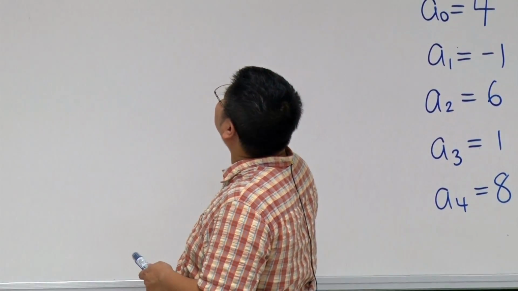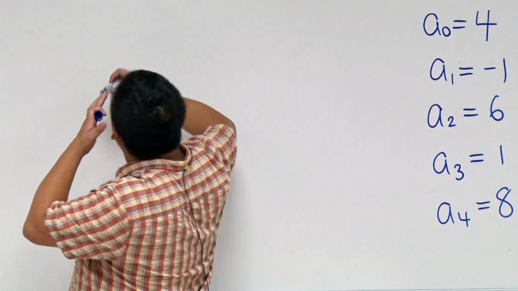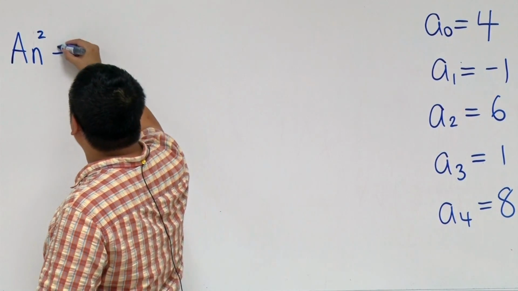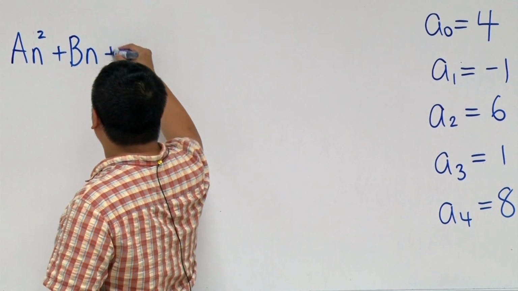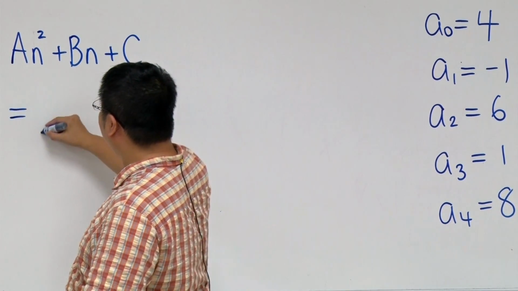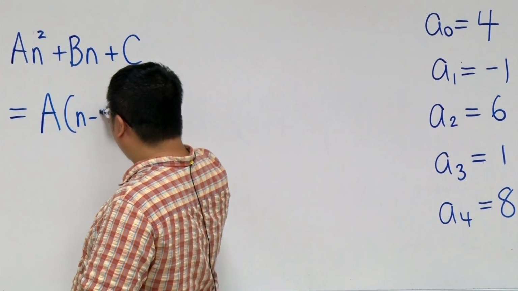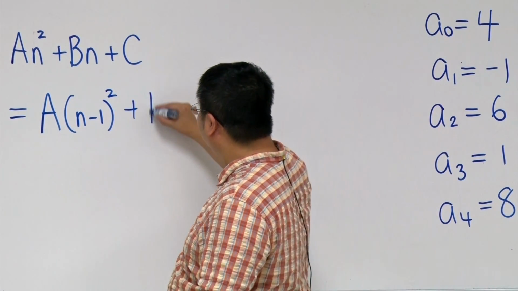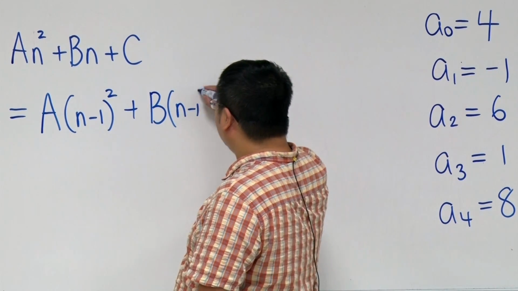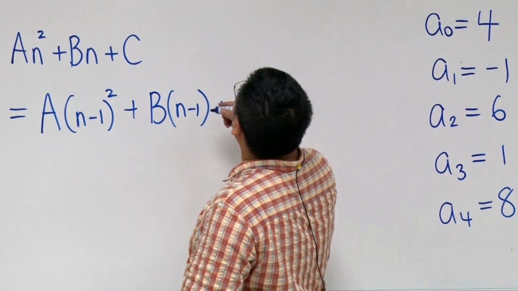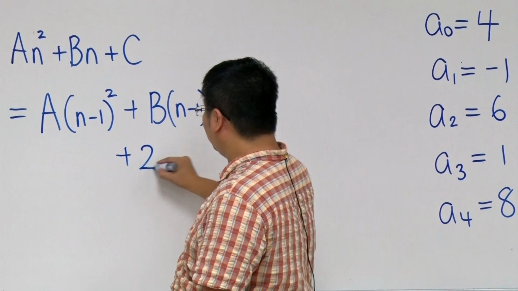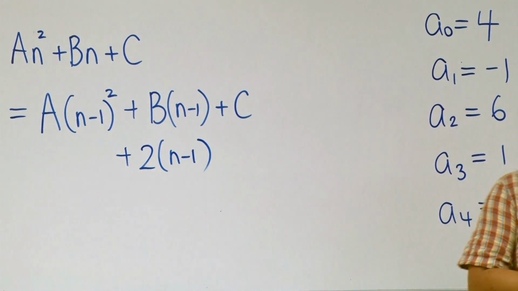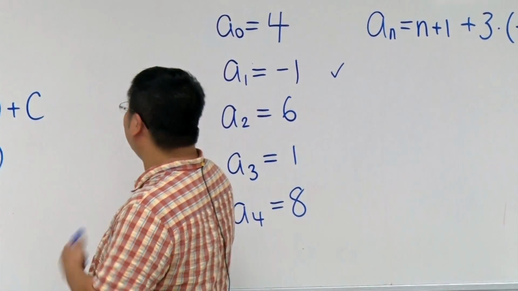in that sense, what do we have? We will have an squared plus bn plus c is equal to a times (n minus 1) squared. Wow, good, right? Plus b times (n minus 1) plus c plus 2 times (n minus 1). Is that okay? That's good, right? Suddenly, c can be gone.